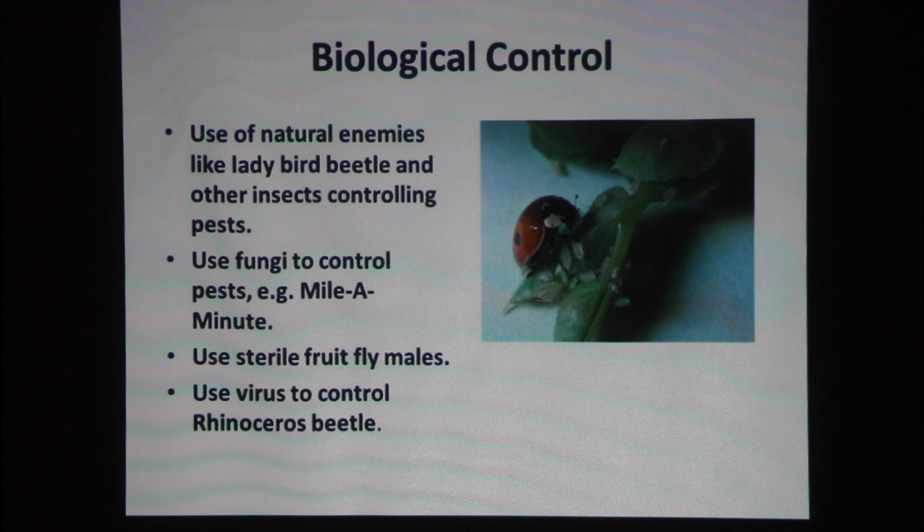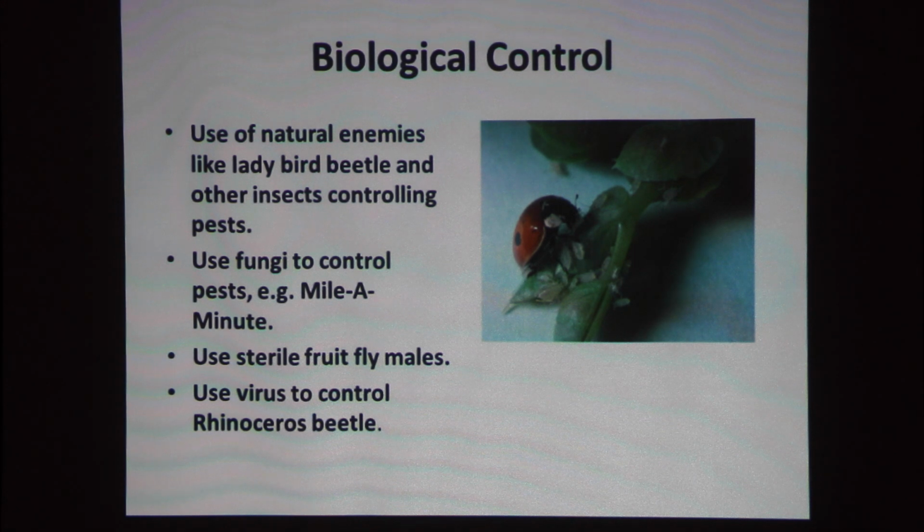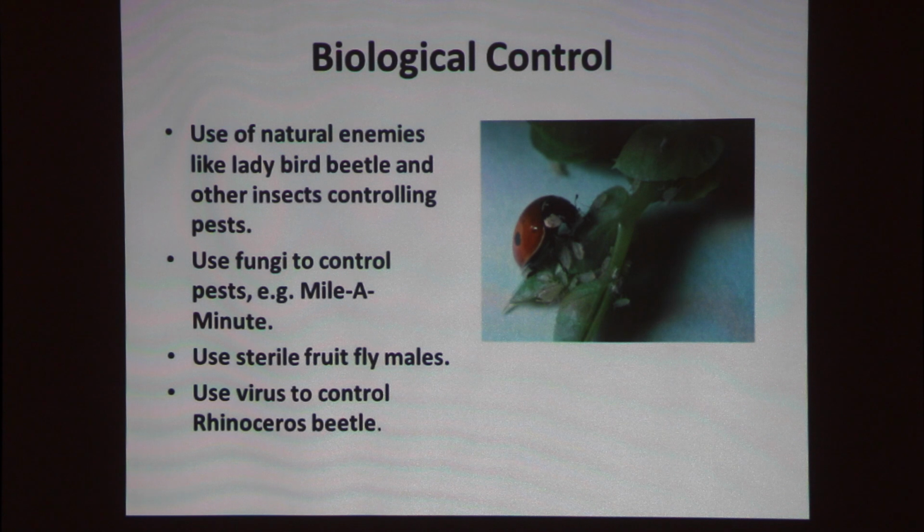You can also use sterile flies for biocontrol. You can use a virus for rhinoceros beetle control. So there are many different biocontrol systems. Many people in FSM don't know about it, but we have a lot of biocontrol already in FSM, and it is working. For example, on whiteflies we have biocontrol.